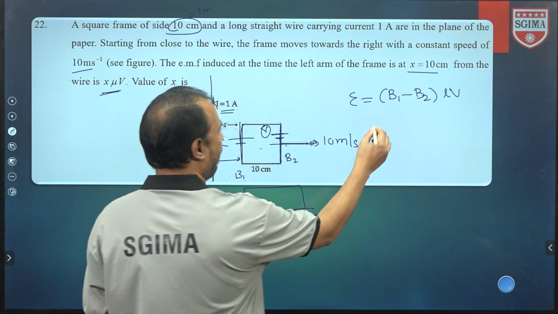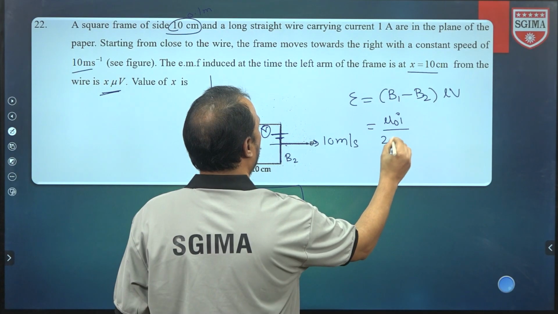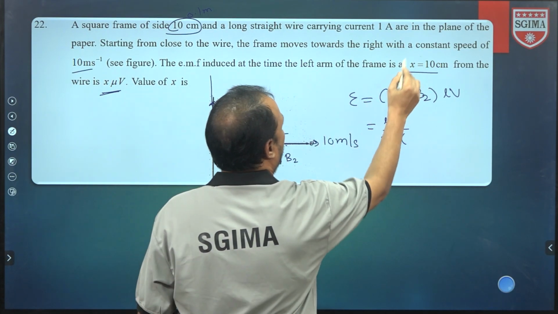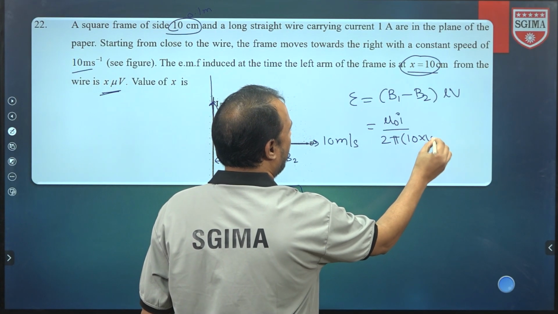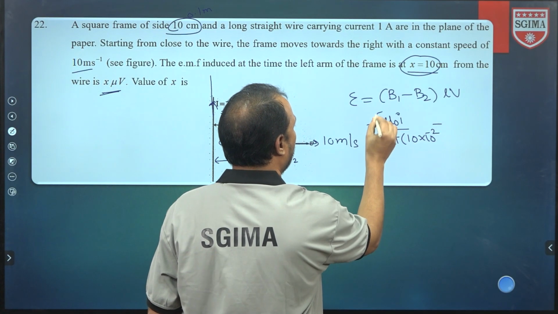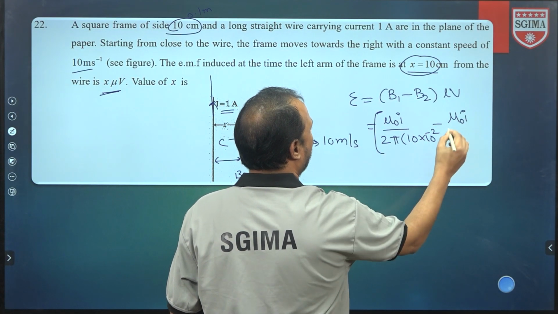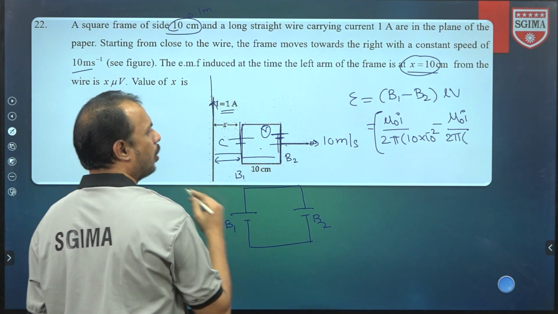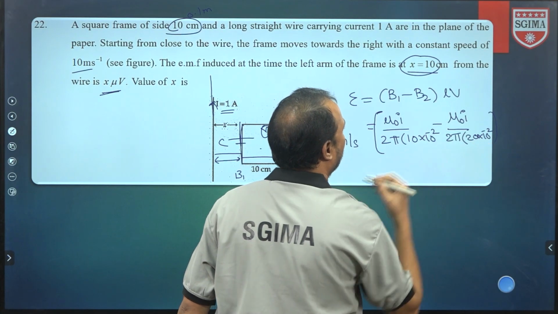Now simplify. B1 is mu naught I by 2 pi x. x is given 10 centimeter, converting into meter, minus B2, mu naught I by 2 pi, second side 10 plus 10, totally 20 centimeter, converting again into meter.